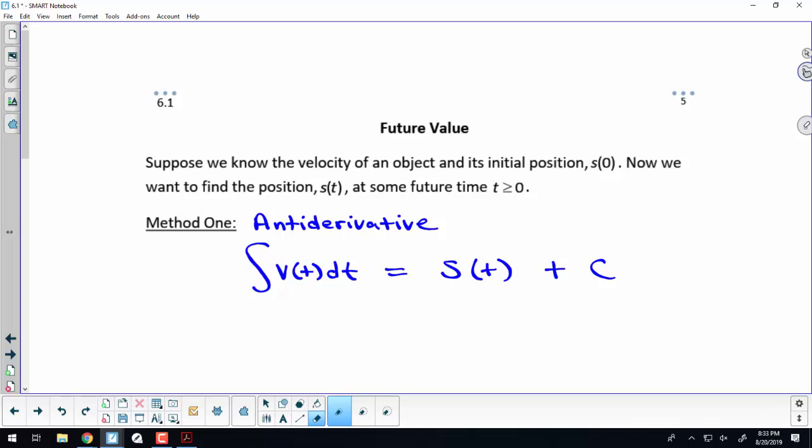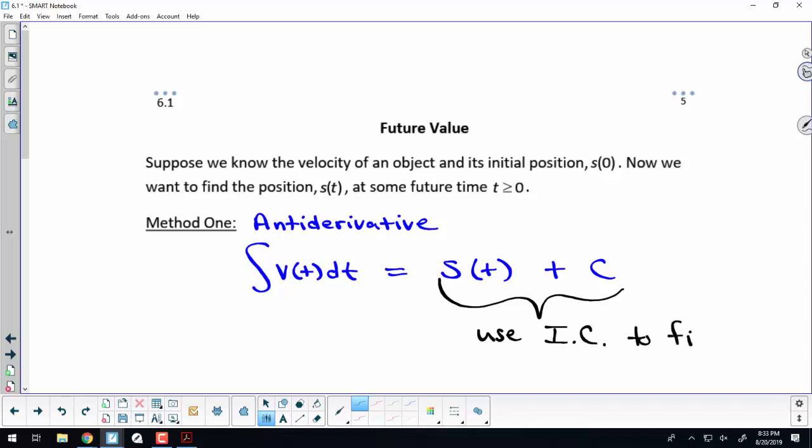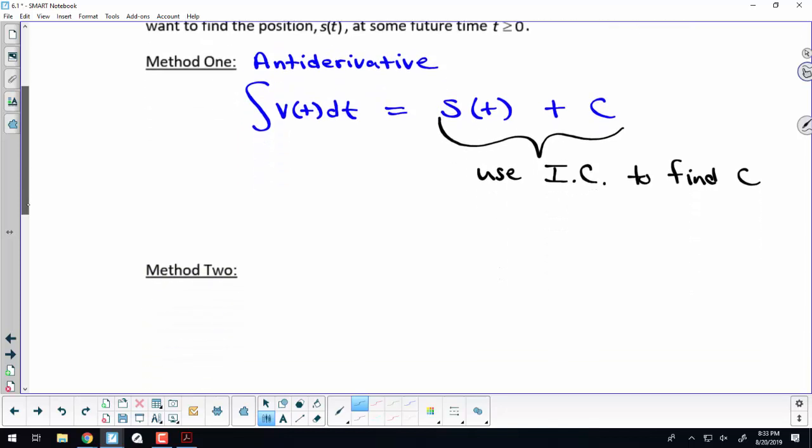We plug in 0. Yeah, we plug in this initial condition to find c. So once we have this function, then we use the initial condition to find c. And c isn't always the value of the position initially. It just really depends on the function. Okay, so there's the antiderivative method.